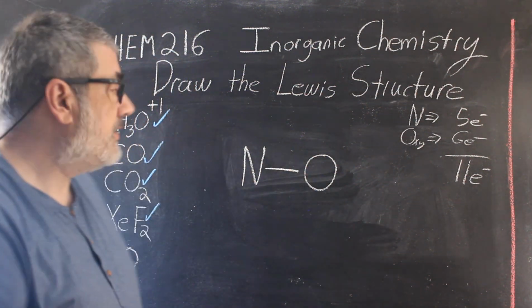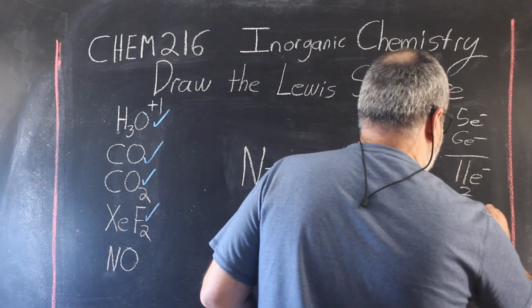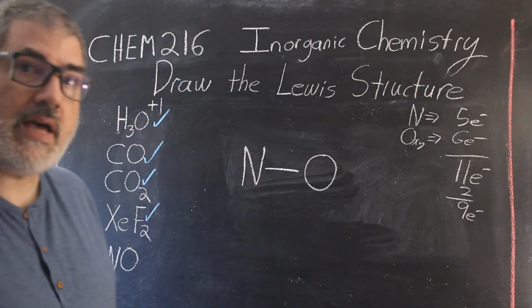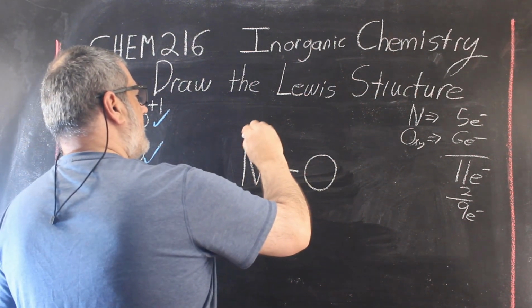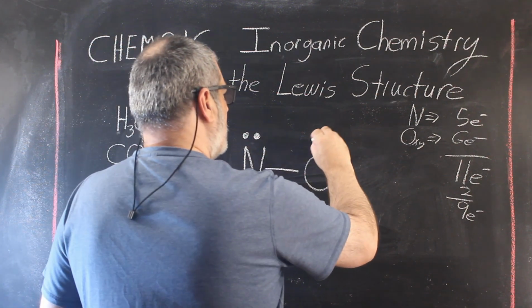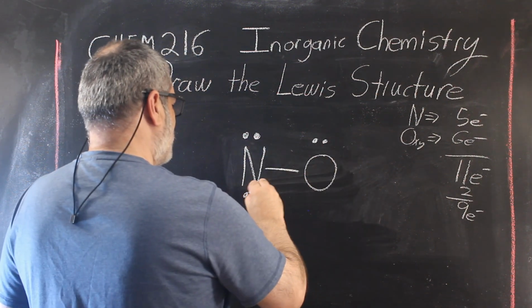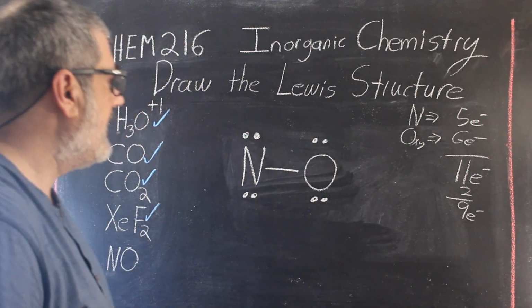Okay, so first thing, single bond. So we have to connect the atoms. So that's 2 electrons. We have 9 left. So now I'm going to put them in as lone pairs. All right, so let's try and do it relatively evenly. So 2, 4, 6, 8.